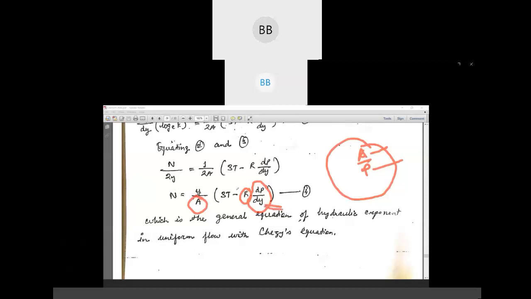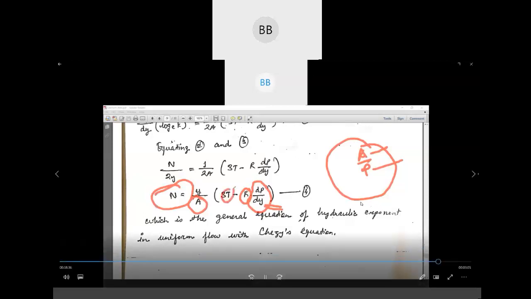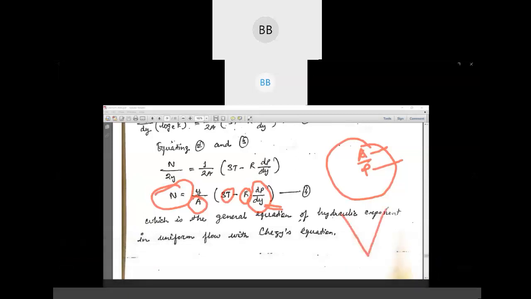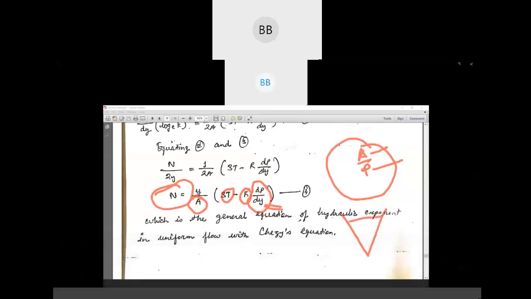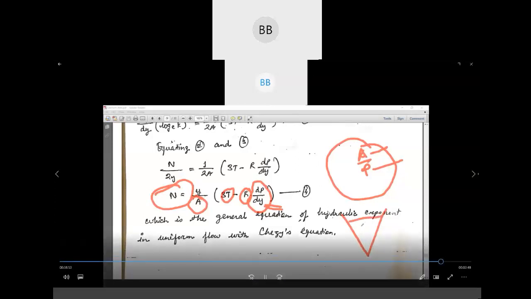Okay, and then you substitute here, you can directly find out the n value. And this is nothing but your top width. So if you talk about a triangular channel, you find out the top width and you substitute here.